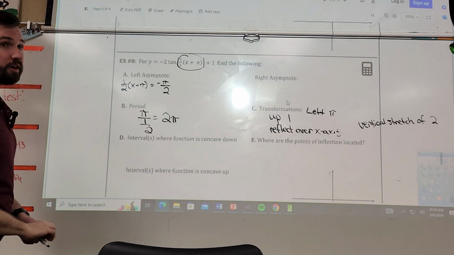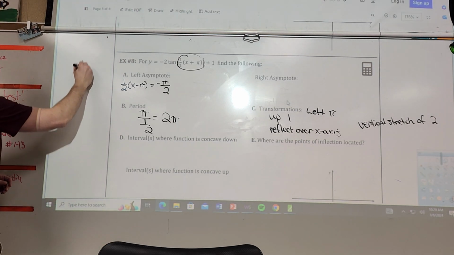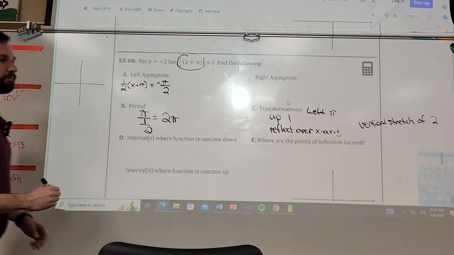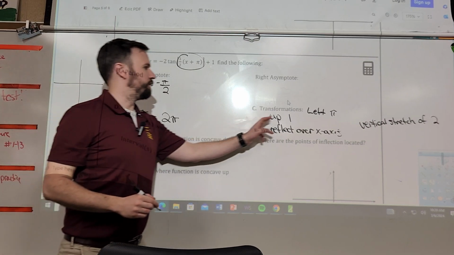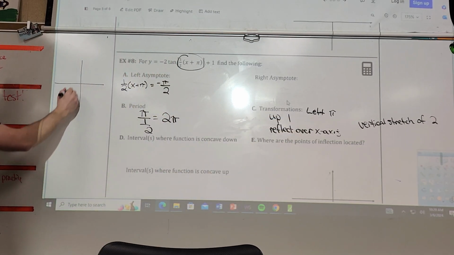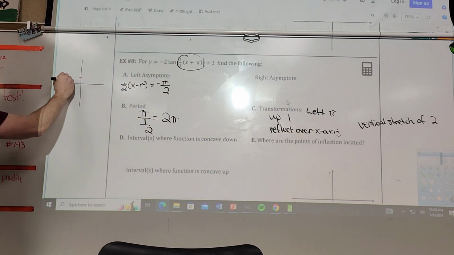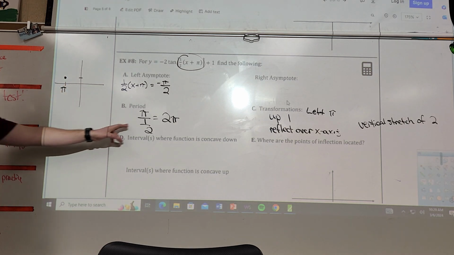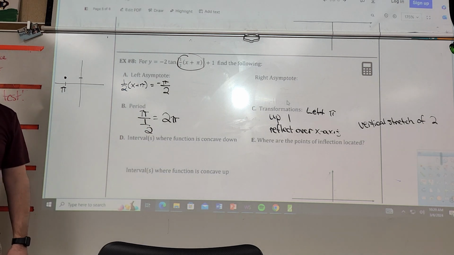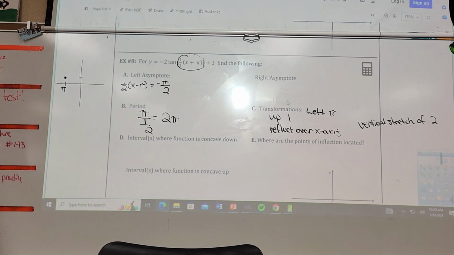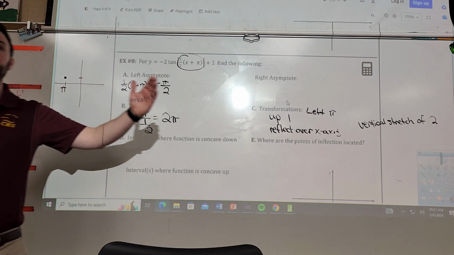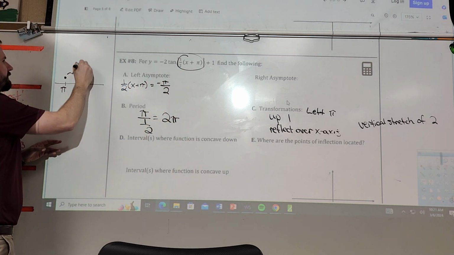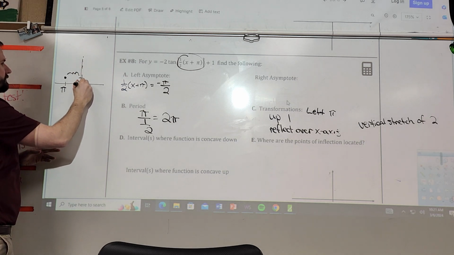Where's my 0 going to go? My 0 is going to go up 1 left pi, right? So I'm going to go up 1 left pi, and that's my 0. Now my period is 2 pi, right? So it means I have an asymptote pi to the right, pi to the left. If I go pi to the right, that's 0.